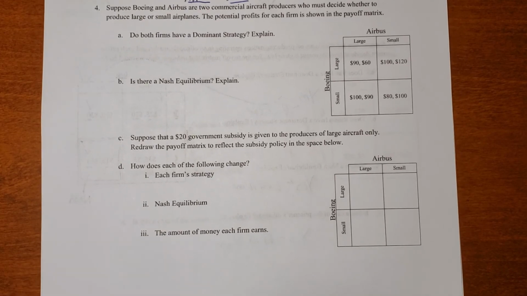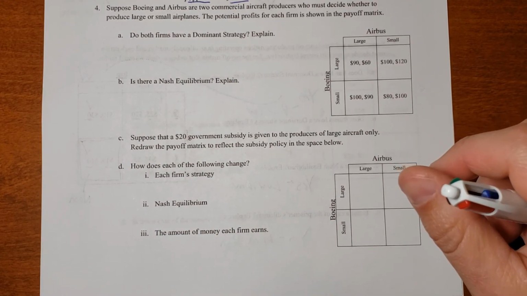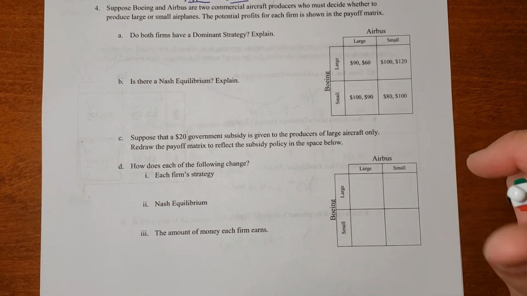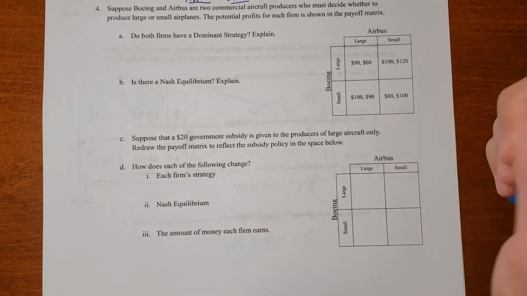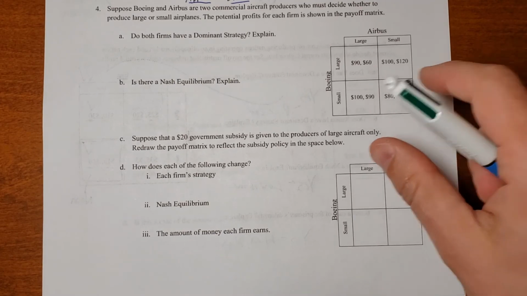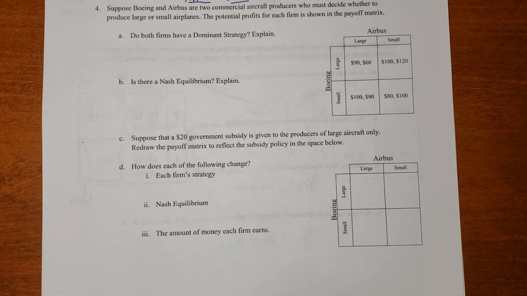Okay, the last one that we want to do is Boeing and Airbus. And this is going to be a slightly more complicated question, and these sometimes do occur on the AP exam. Whether or not your professor or your instructor gives you these types of questions is a different matter, but we'll do this in two parts. So this time we've got Boeing and Airbus.